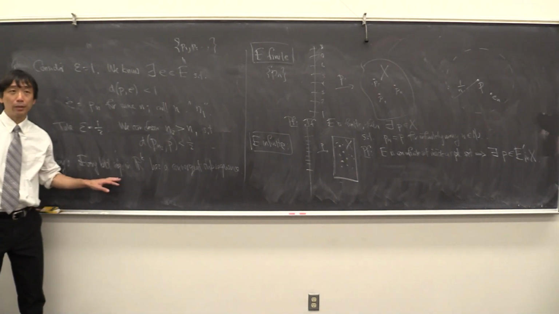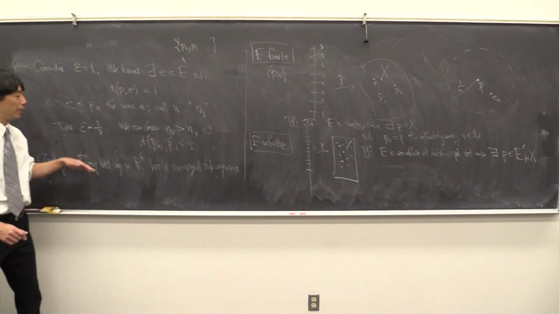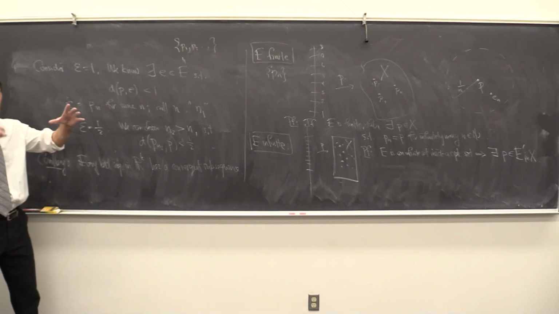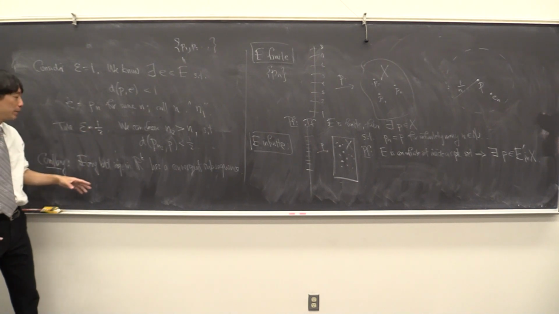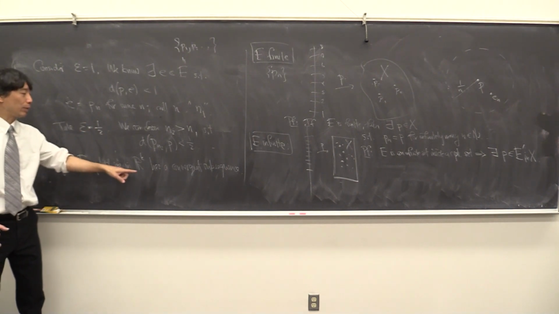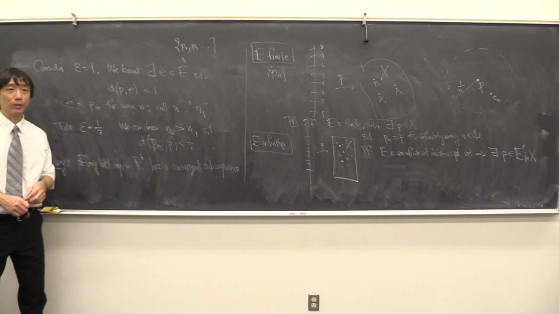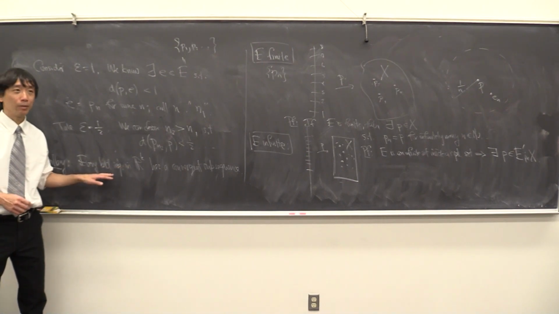Is that clear? Can anybody tell me why that's clear? We just showed that a sequence inside a compact space is guaranteed a convergent subsequence. Now I'm saying a bounded sequence in R^k is guaranteed a convergent subsequence. Why is that true?